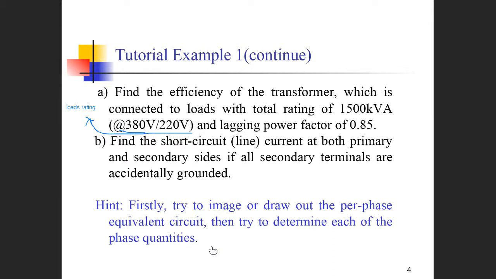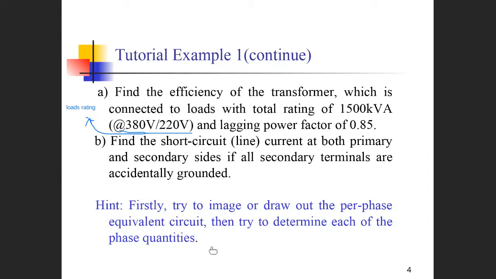Because this is a three-phase one, once again, try to solve the three-phase transformer based on the concept of a single-phase transformer. So we should have the per phase equivalent circuit in mind. Then you can find the per phase internal impedance, per phase loading impedance, per phase input voltage, per phase output voltage, per phase input current, per phase output current.